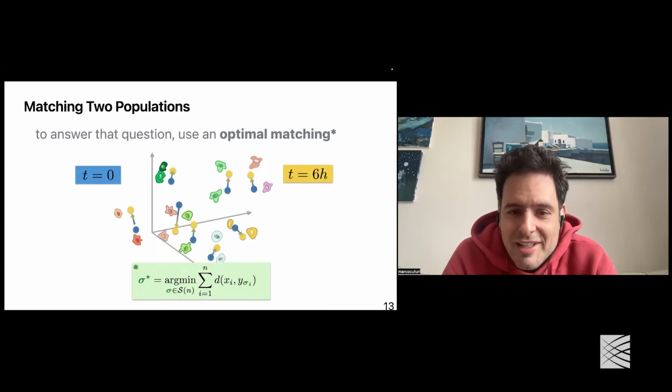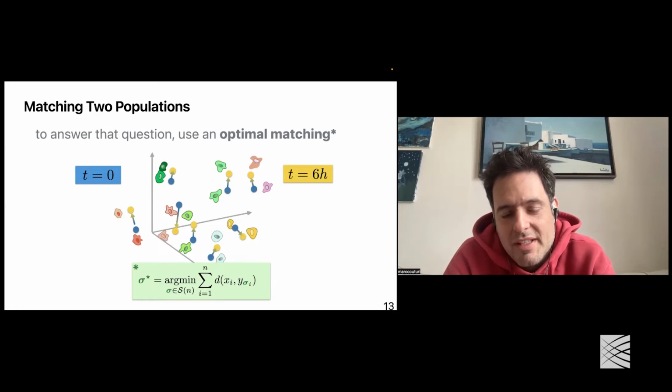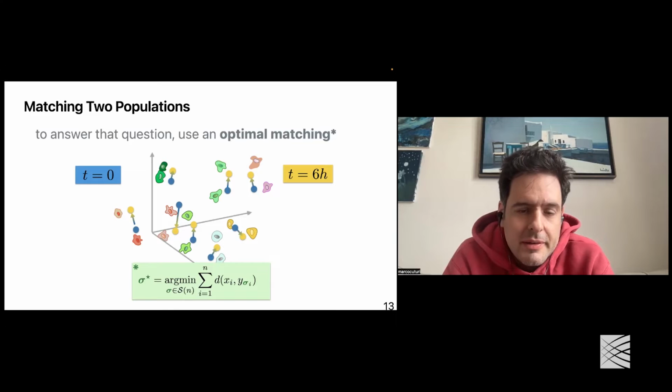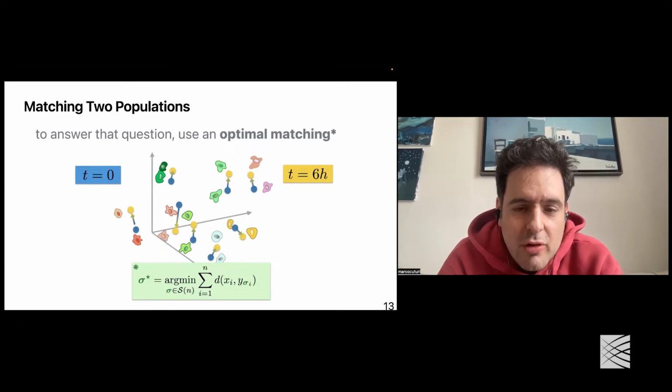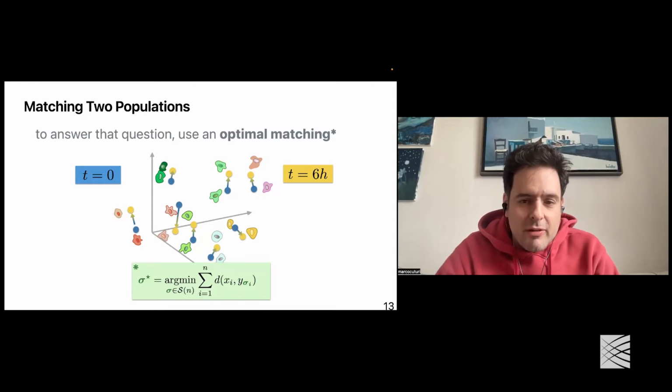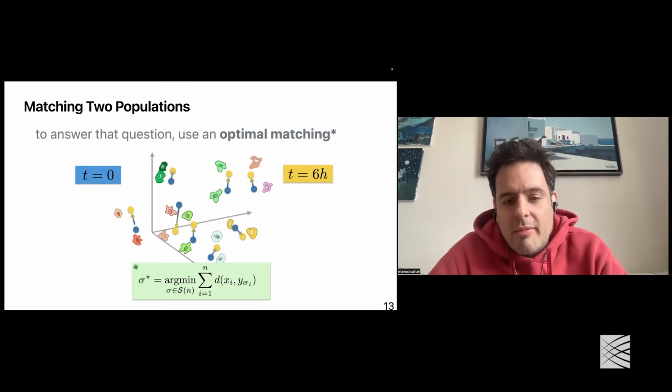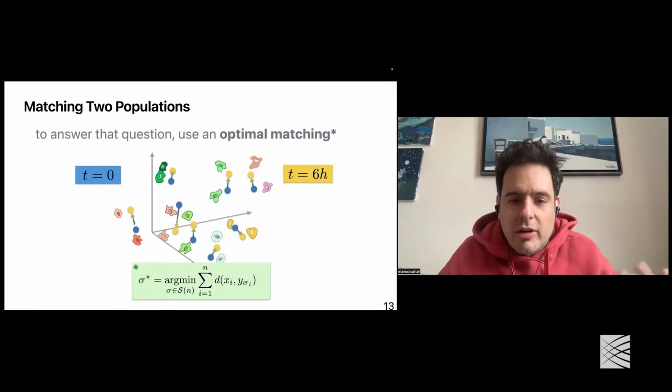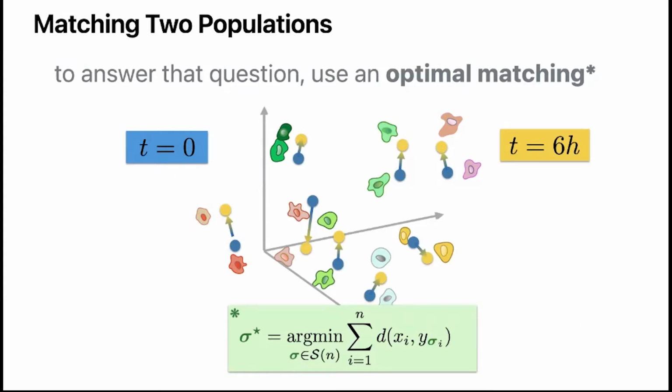So this story sounds, I hope, a bit convincing. What is a bit hidden here is the details of how you get the sigma star. And if you look at this mathematical formula below, what I'm essentially saying is, okay, we'll look at all possible permutations, associating one blue to one yellow.